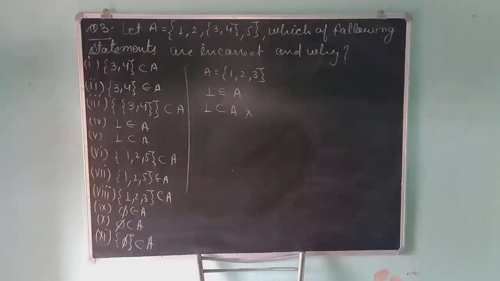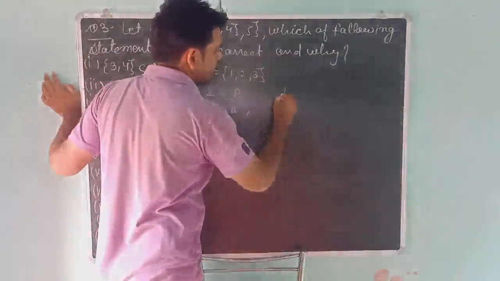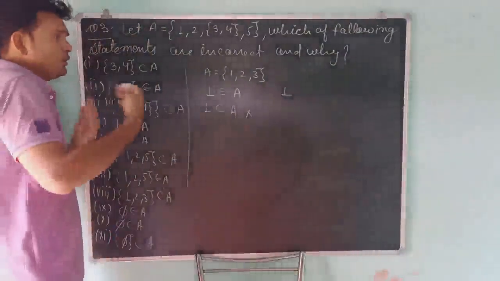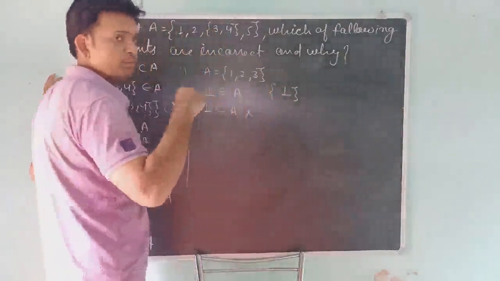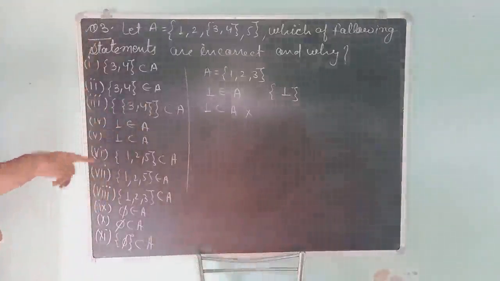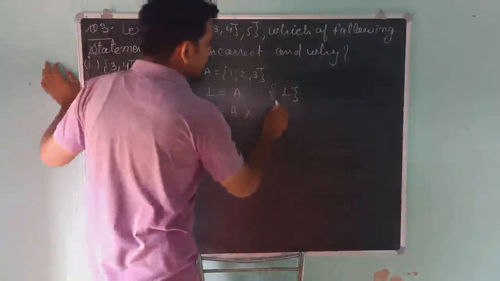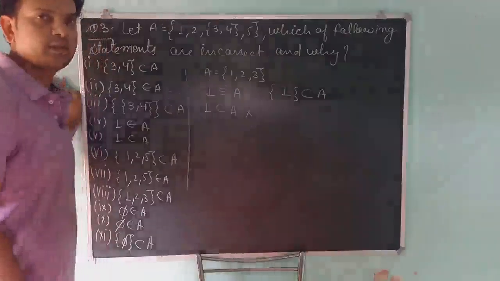But suppose you are taking the element 1 and you are putting brackets by yourself. So students, {1} is a subset of A.